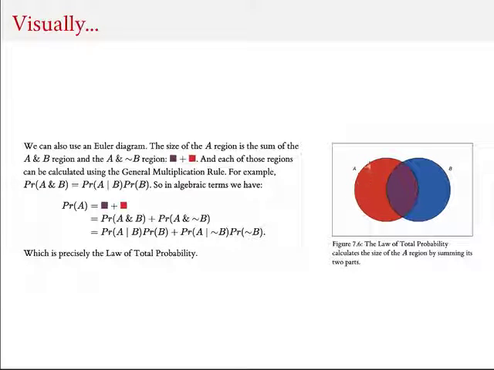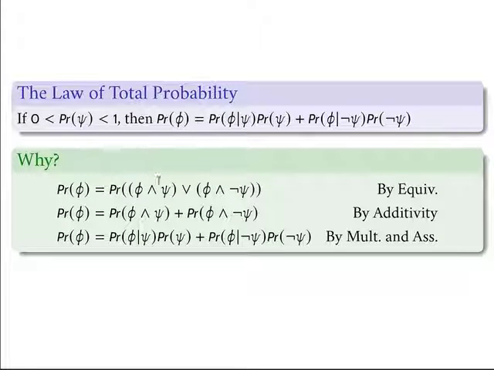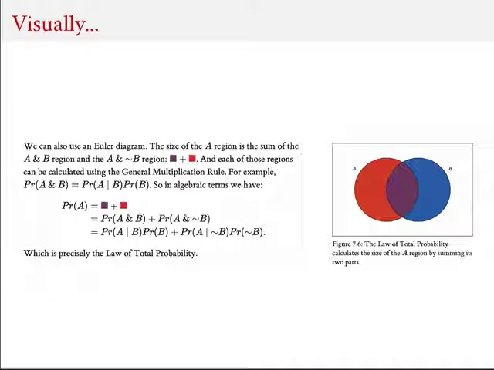Then you sum up the amount of B that A takes up with the amount of not B that A takes up, which is just the purple part and the red part, and that gives you the overall probability of A. So now in the next lecture, when we start applying Bayes' theorem, we will also see how to apply this theorem to calculate probabilities, because this theorem is essentially a part of Bayes' theorem, as will become clear.